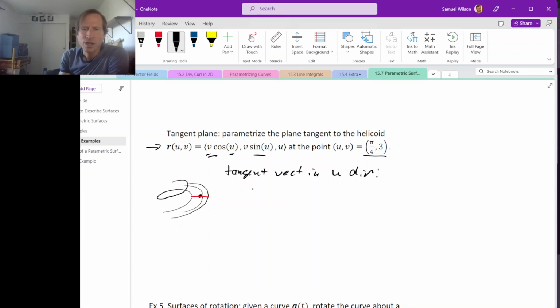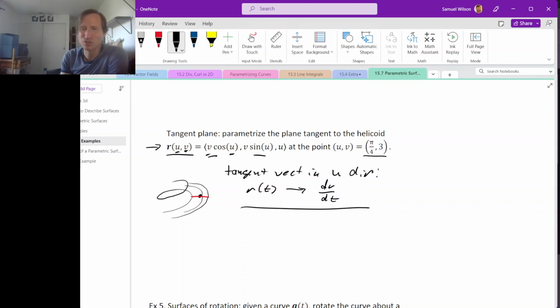right? Well, when in the past you've worked with parametric curves, you know that you could get a tangent vector just by taking the derivative with respect to your parameter, right? But since we have a parametric surface, we can get a parametric curve by holding one of these constant and taking the derivative with respect to the other parameter.